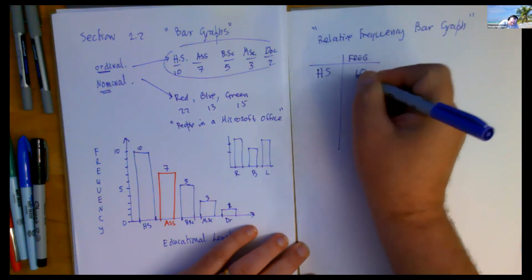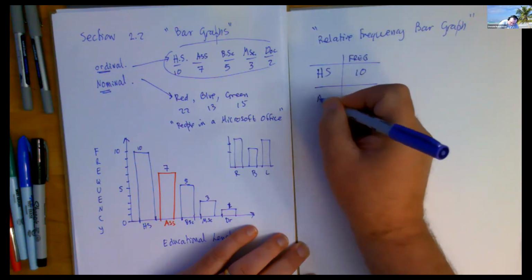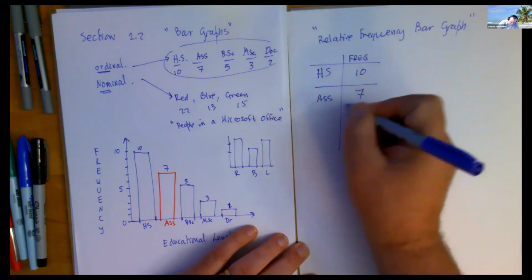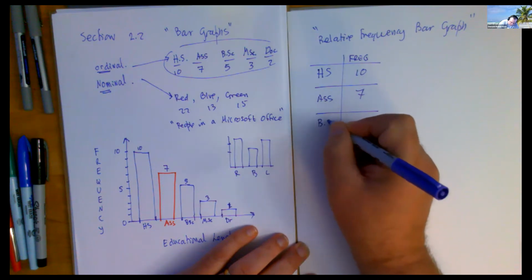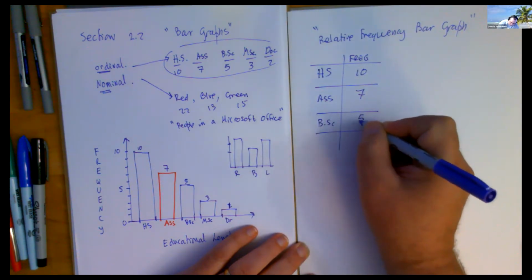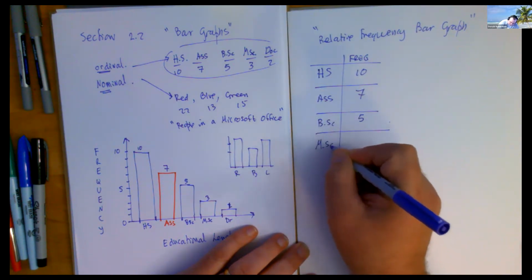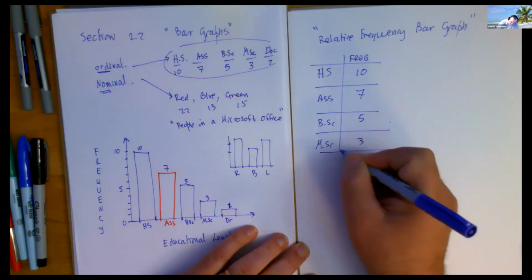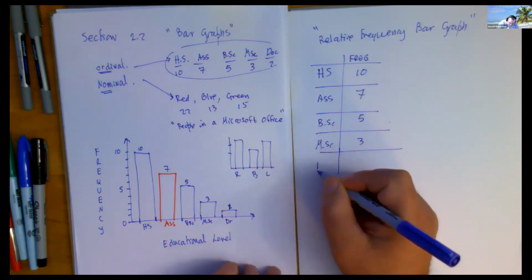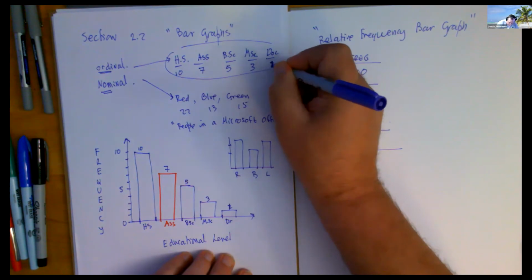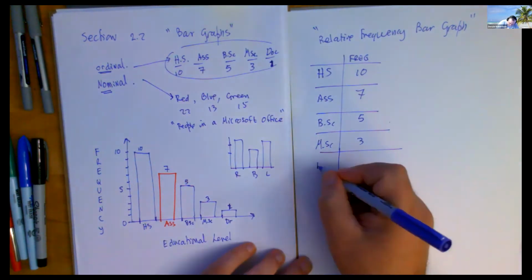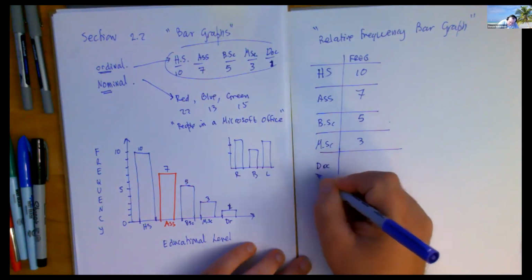And this was 10, and people with associates was 7 of those. Those with the bachelor's degree, 5 of those. Those with the master's degree, there's 3 of those. Oh, I apologize, that's a 1. And those with the doctorate, there was 1 of those.